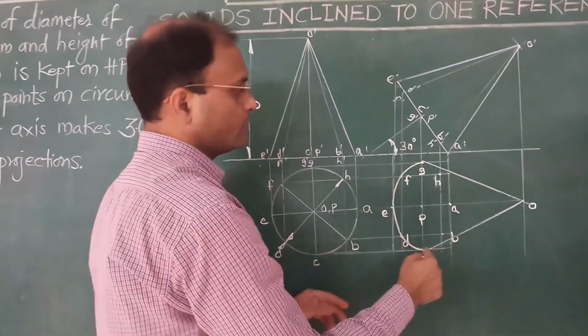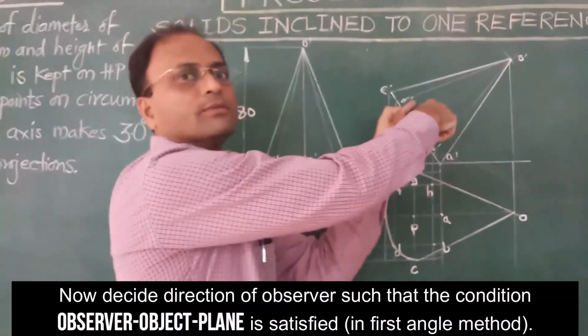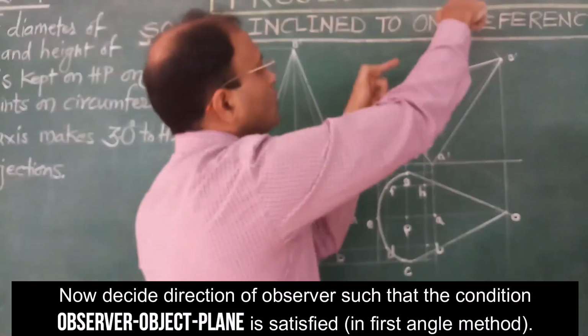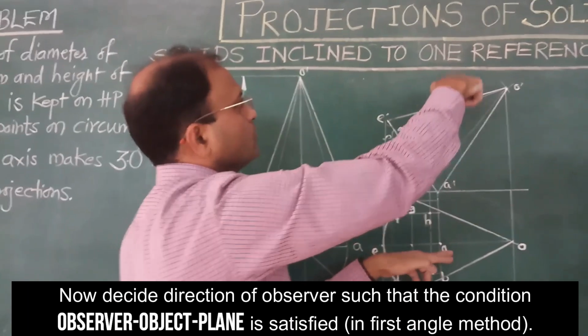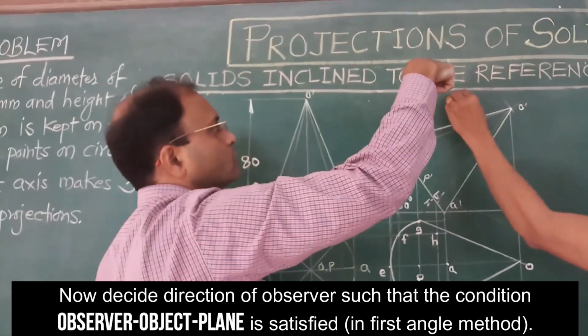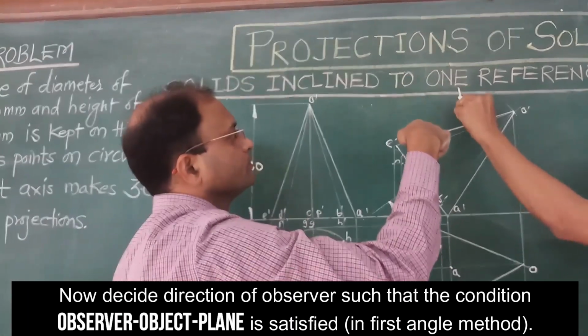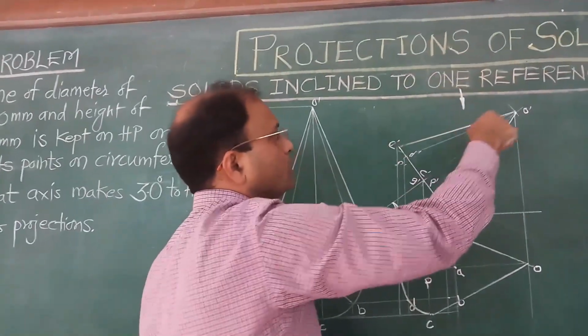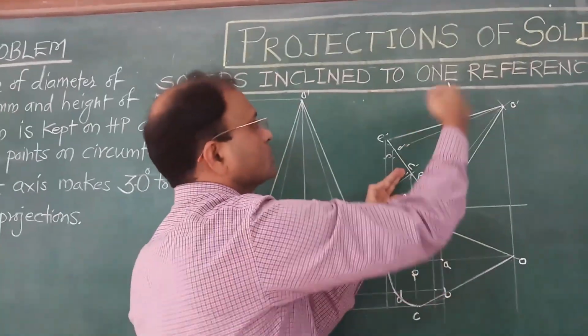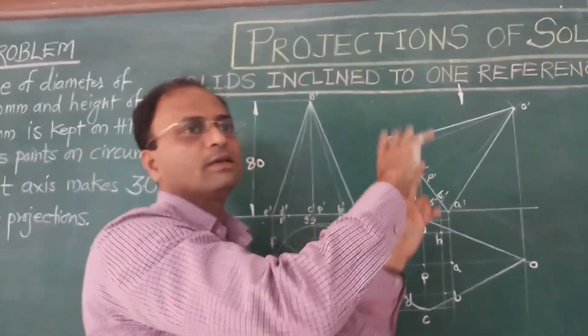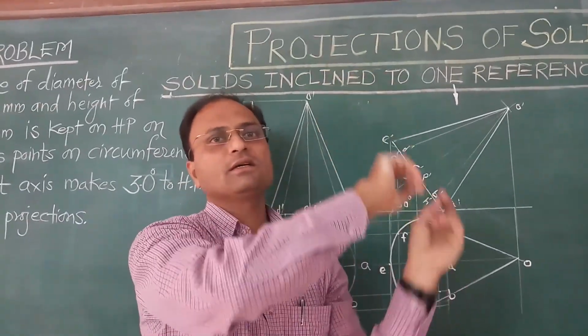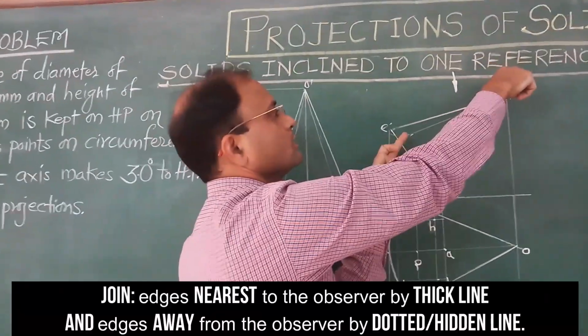And now for remaining points, we have to decide the direction of observer. As we have to look at this object, we are completing this top view. So this is the direction of observer. So we are looking from top. So as we look from top, we see here the base goes away. In case of cone, we have to just decide whether apex is nearer to the observer or base is nearer to the observer. So in this case, apex is nearer to the observer.